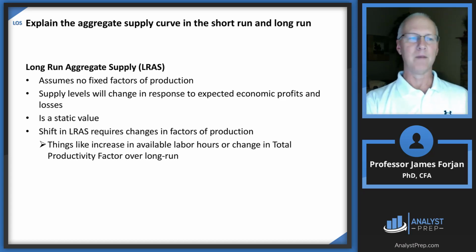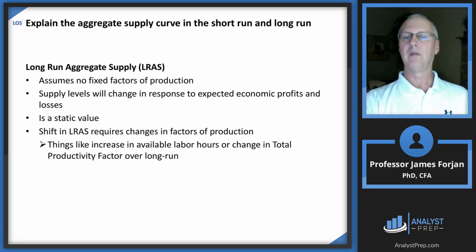But one day I came in and the owners of the business decided to crash out the back of the building and expand. So think of long-run aggregate supply as having no fixed factors of production, because factories can be expanded, the labor supply can be increased, et cetera.